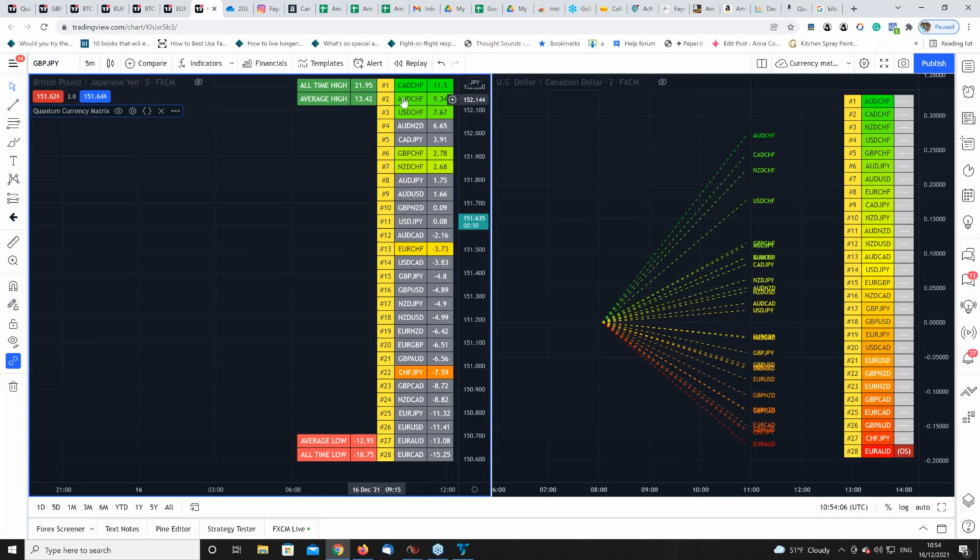In exactly the same way as on the currency strength indicator, where you have overbought and oversold levels, which give you a sense of whether a currency is at or approaching one of those regions, this works the same way for currency pairs. We only have to glance at this to realize that the all-time high is 21.95. We're currently at 12.89. So in terms of how much further we've got to go with this particular move, there is certainly an opportunity.